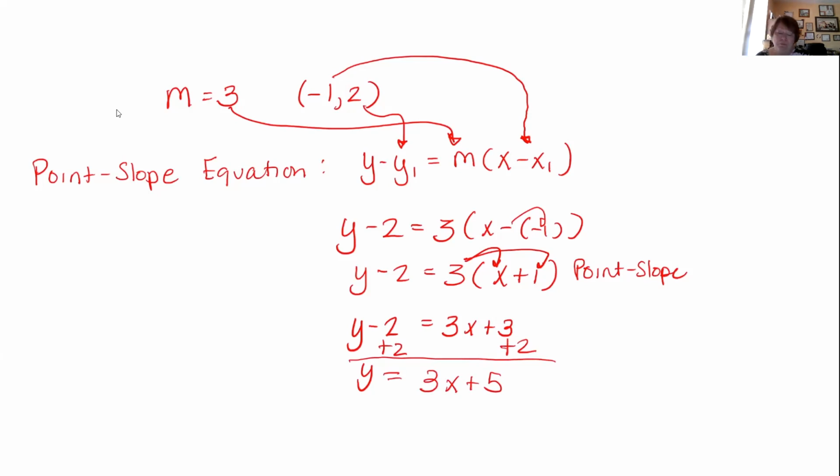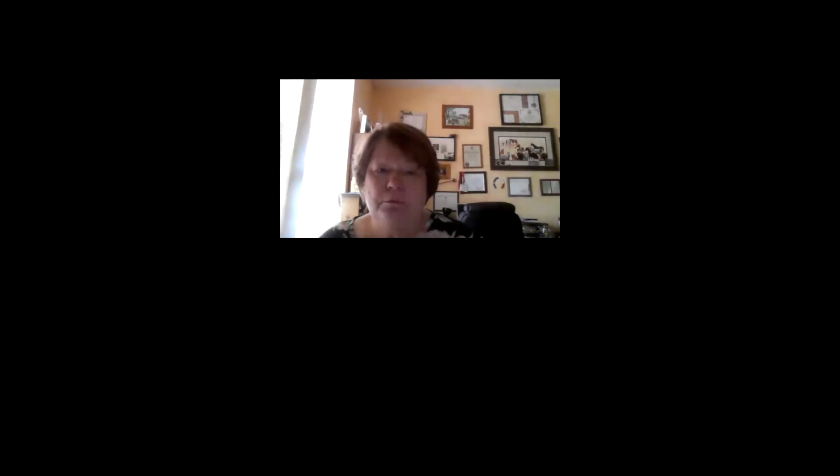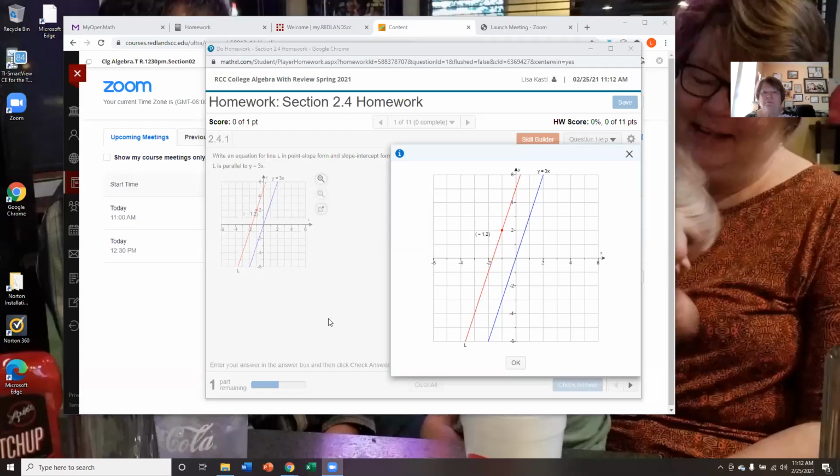All right. And if we look at the problem that we were given in my math lab, we can see that sure enough, that red line, the equation we were looking for, does go through the y-intercept of 5.